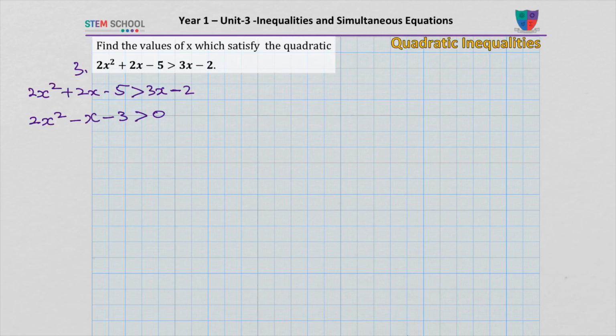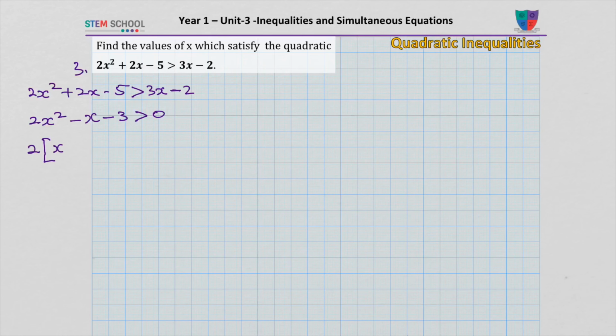And then what I need to do here is to either factorize. 3 and 2 will do it for me. But I want to use completing the square. So let's do that. I'm going to take 2 out from the first two terms.